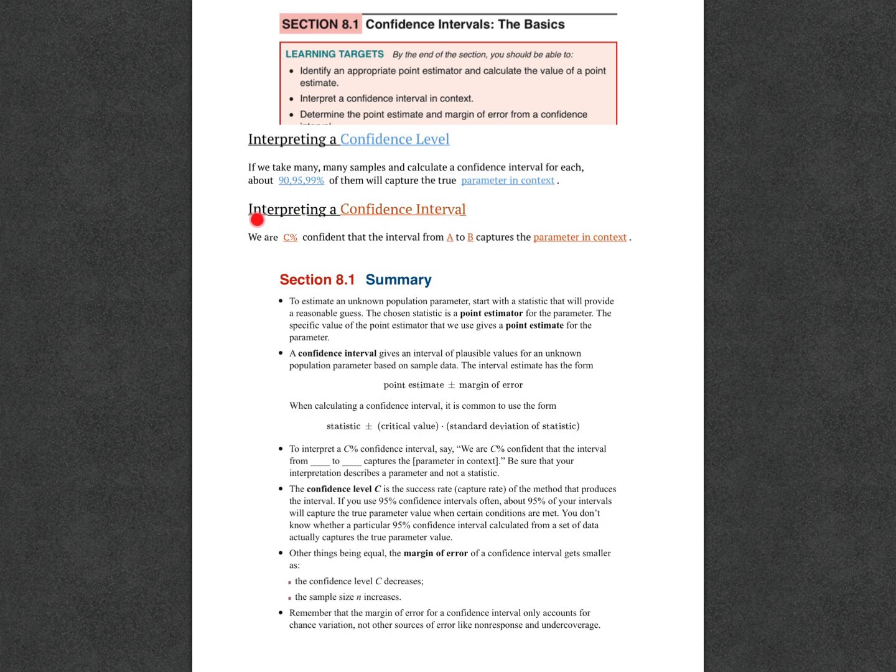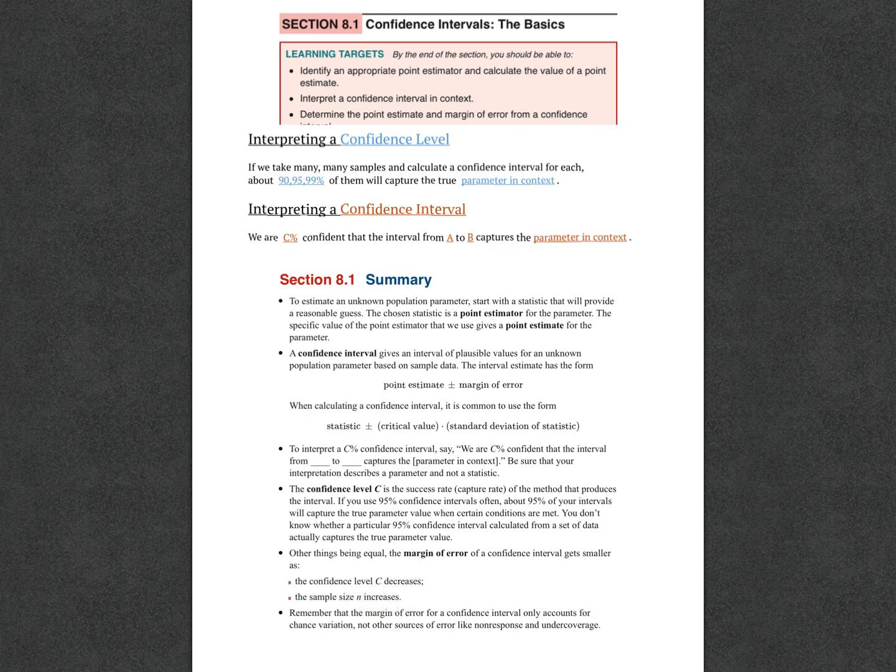Okay, interpreting the confidence interval. Once you find your interval, from A to B, you'll say: we are, whatever the confidence level is, percent confident that the interval from A to B captures the parameter in context. Okay, and then the only other thing down here is that the margin of error of a confidence interval gets smaller as the confidence level decreases and as the sample size increases.